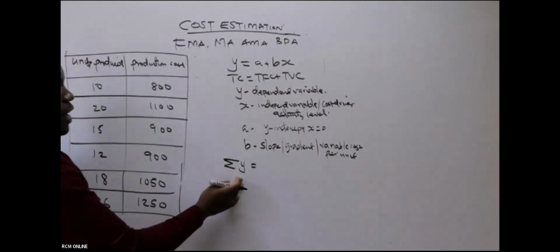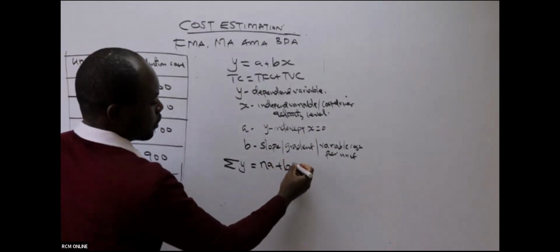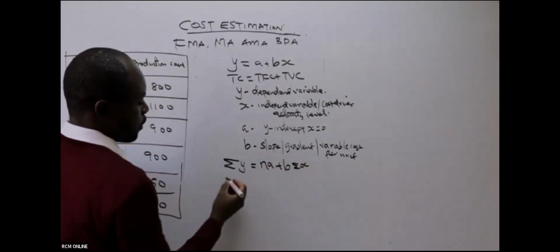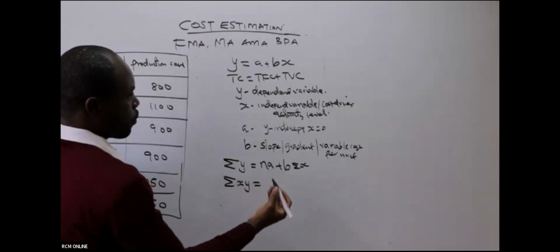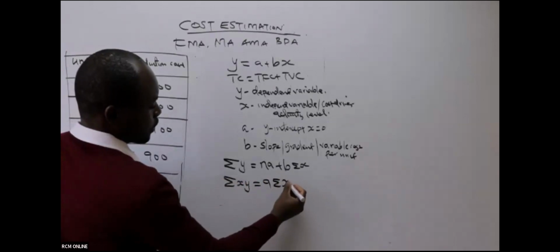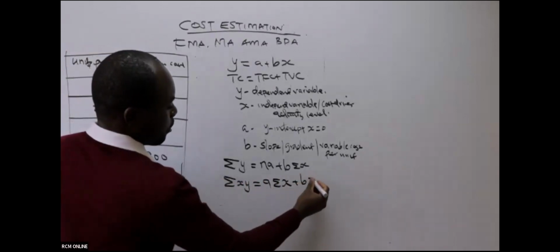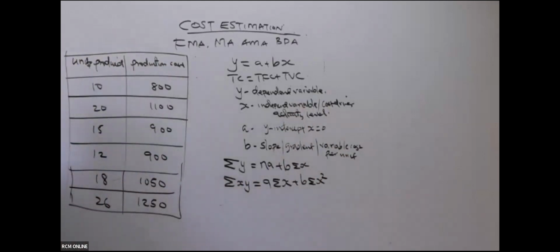So summation of y is equal to Na plus b summation of x. Then summation of xy is equal to a summation of x plus b summation of x squared. So that is the first function.